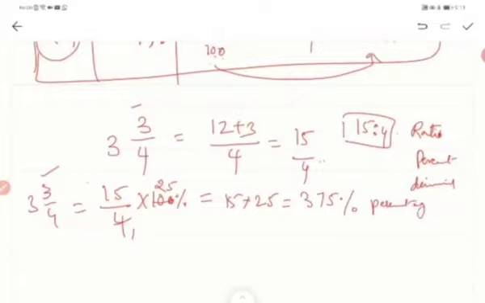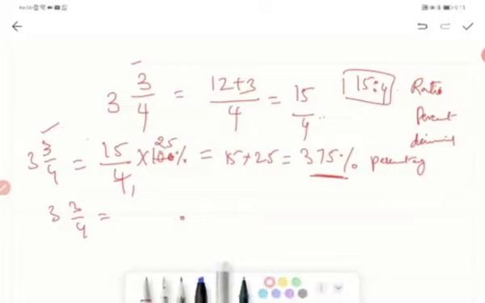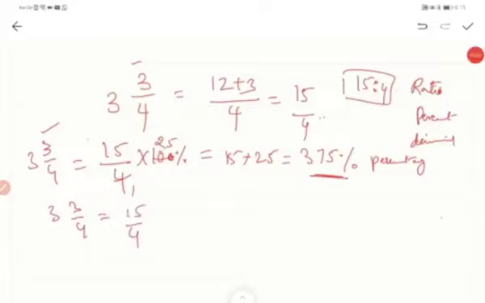Alright, now the last thing, converting into decimal form. Since we have converted into percentage, 3 by 4 is 375%, right? And otherwise I can directly divide 15 by 4. 3 by 4 is 15 by 4, so I am dividing 15 with 4. 4 3s are 12, 13, 14, 15.